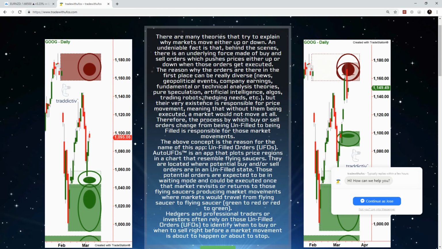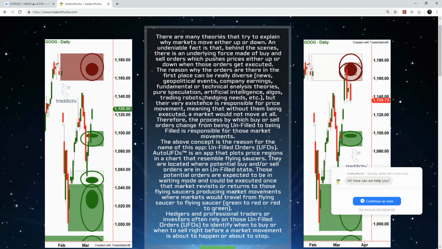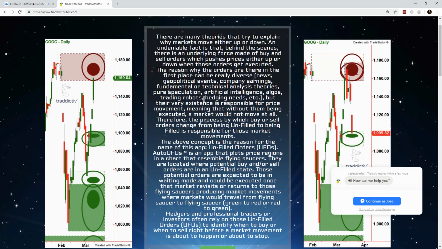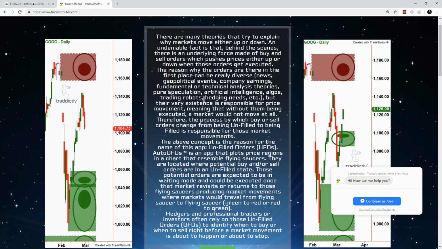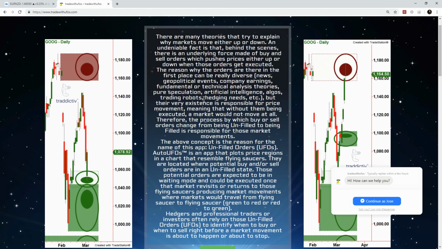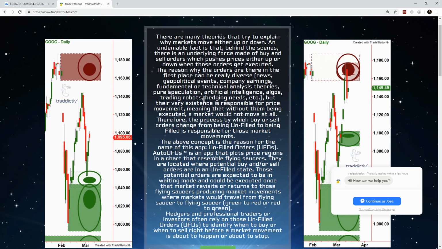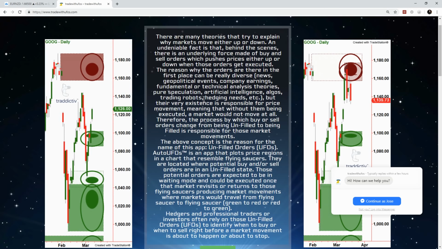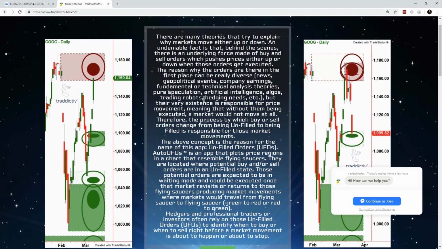Why? Because someone big or many people added many orders in the market and therefore the market moved. Why? Because they added the orders out of the tsunami event. So the tsunami event is indirectly responsible. What's responsible for the move is the orders, but the orders are there because of the event. So indirectly, the event is responsible for the move, where the direct force that pushes prices is the orders.